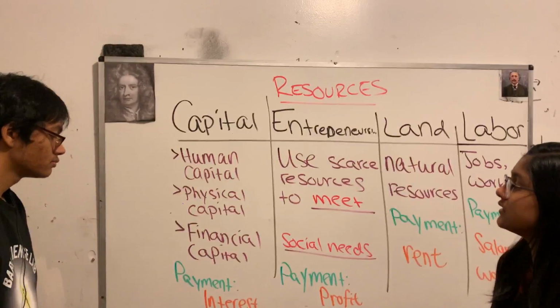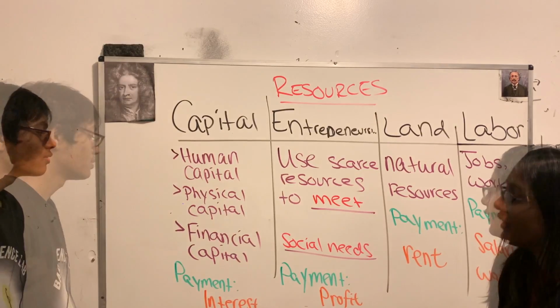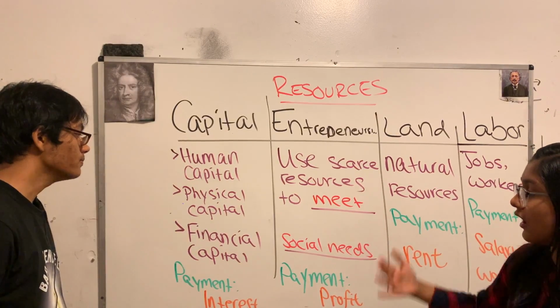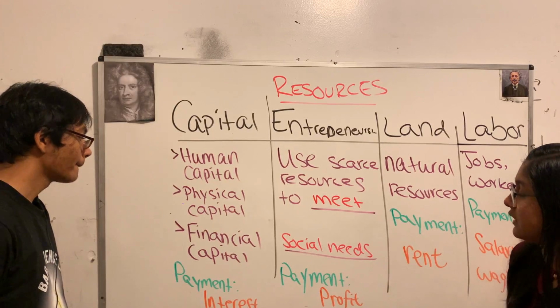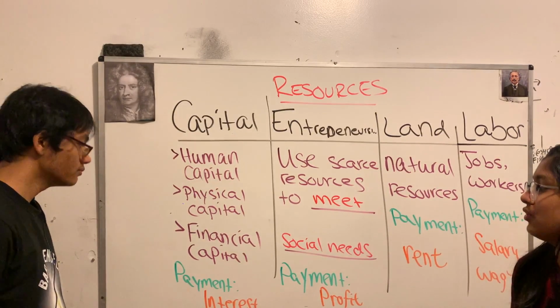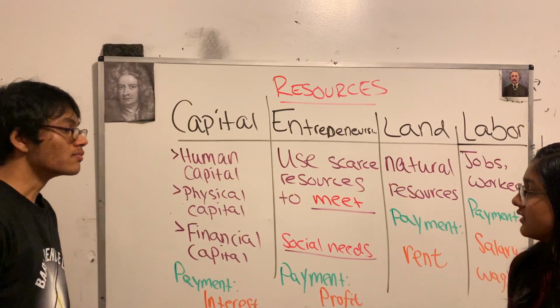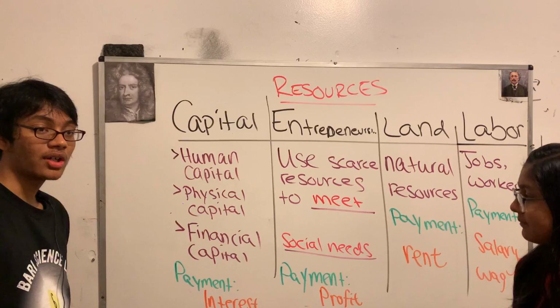Human means basically workers. Physical capital means buildings for tutorials. You have to have a setting for one place in order to start. And financial capital is where you need money or checks or something to start your business.